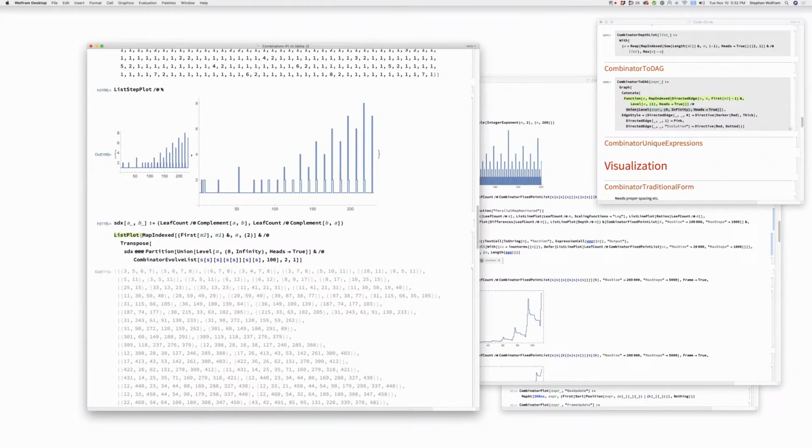Actually, we want to catenate to throw in there for good measure. All right, let's see what happens if I do that.